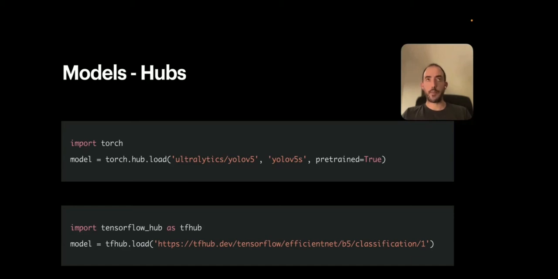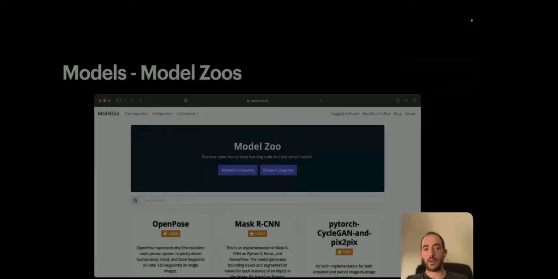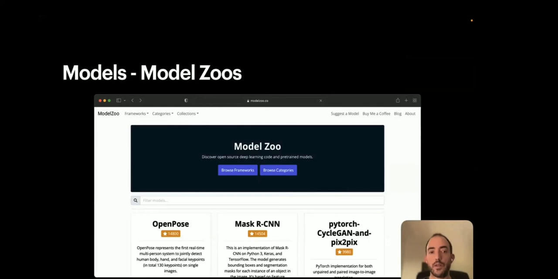And then there are something called model zoos. What's the difference between a zoo and a hub? My personal feeling is that zoos tend to not be integrated into the framework itself, and hubs are hosted by the frameworks. So for a zoo, you would download the model separately and then manually import it into your code.